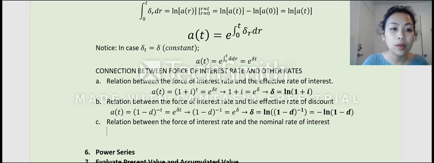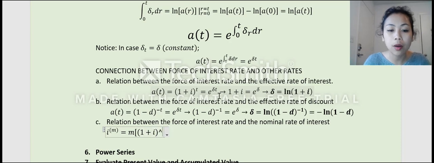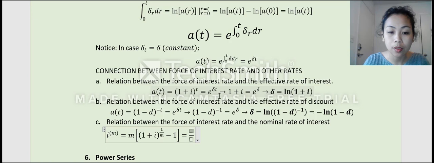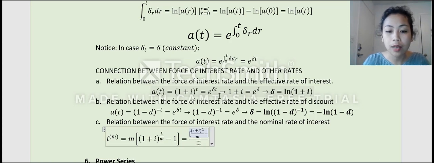So we know that i to the superscript m equals m times (1 plus i to the power of 1 over m, minus 1). And this equals (1 plus i to the 1 over m minus 1) over 1 over m.